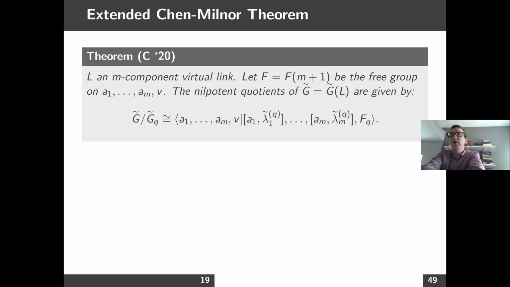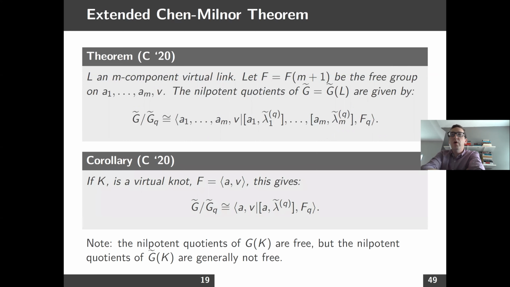Then the nilpotent quotients of the extended group are given by G tilde mod G tilde Q is isomorphic to: we have one generator for each meridian, a generator for the auxiliary variable, and then these commutator relations for the generators and these longitudes. We'll be able to interpret these as longitudes geometrically also, but for the moment, just think of these as words that occur in the nilpotent quotients.